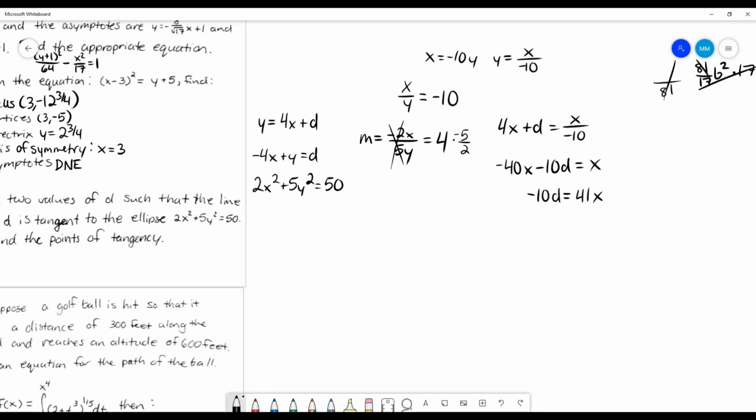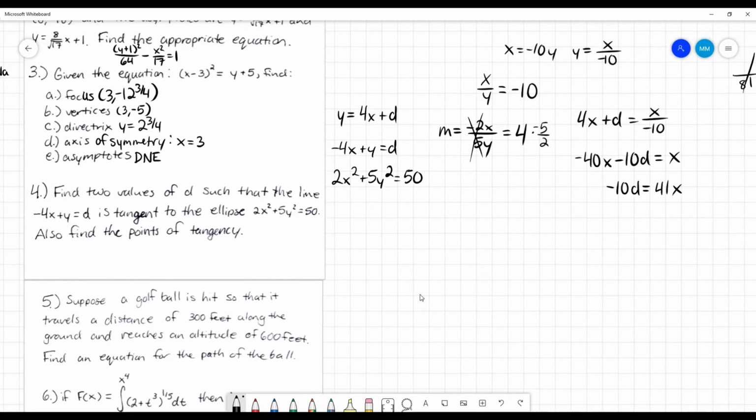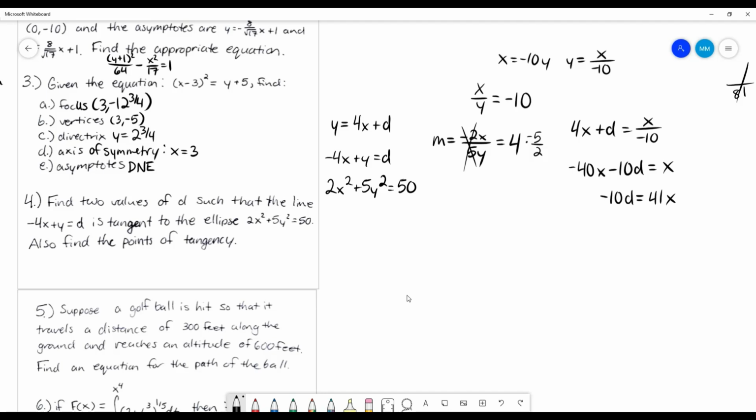Give me a moment. I'm trying to think if I'm missing anything. I'm trying to figure out what that next step is. It's been a little bit since I've done this question. Total brain fart right now. I'm sorry.